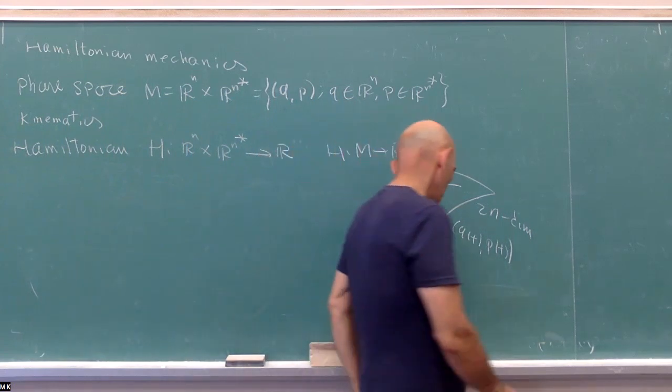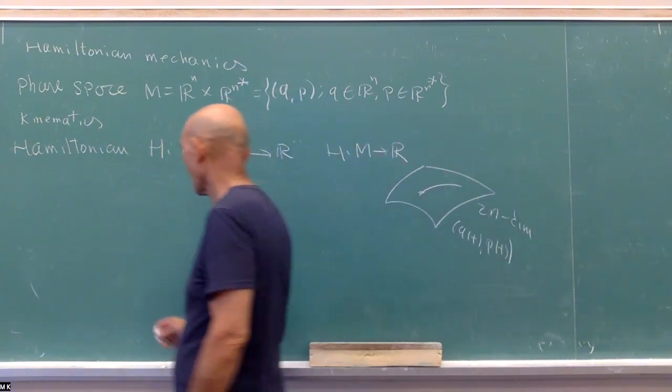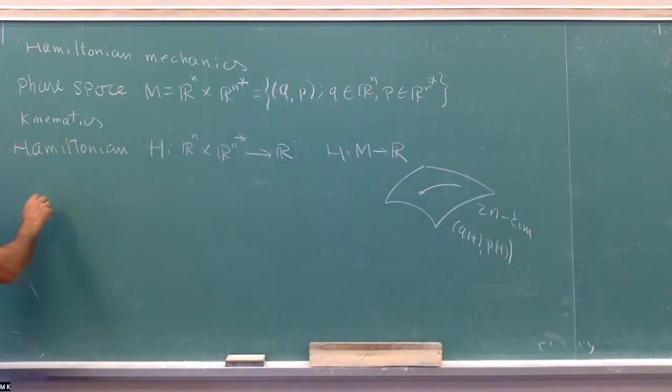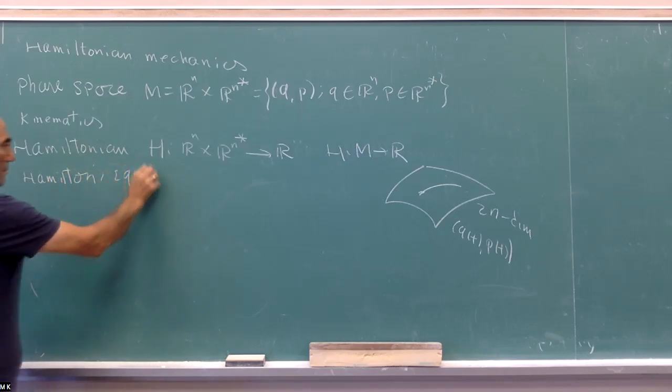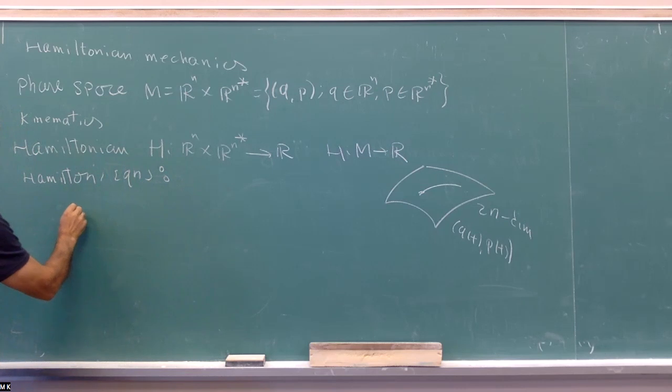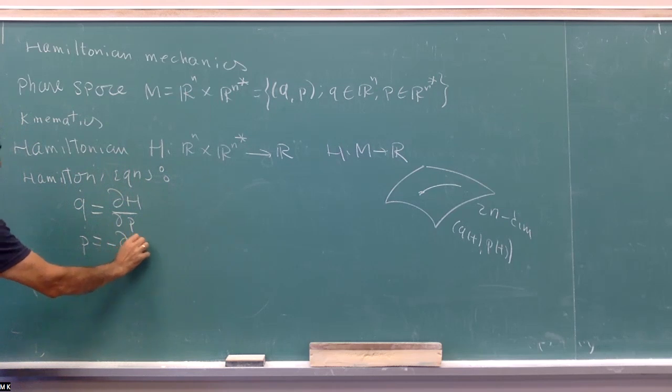These equations were derived by Hamilton. So, Hamilton's equations: Q dot equals dH/dP, P dot equals minus dH/dQ.